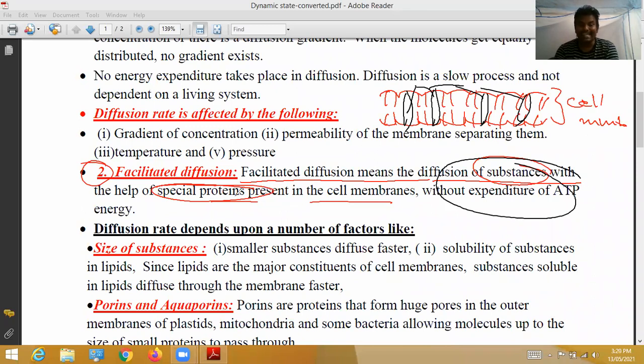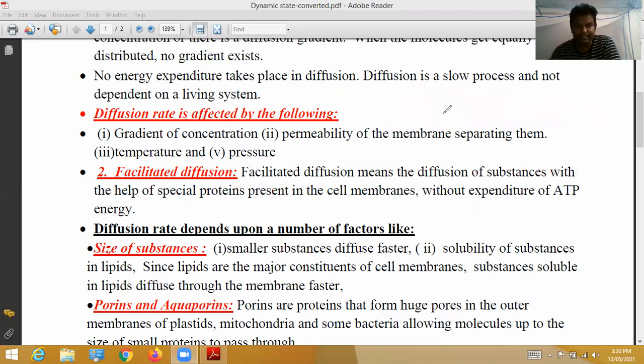Carrier proteins only help in transportation of various kinds of substances. Like the diffusion process, facilitated diffusion also depends upon a number of factors. Those factors are, first, the size of substances.